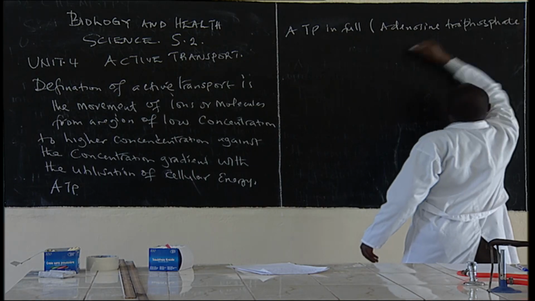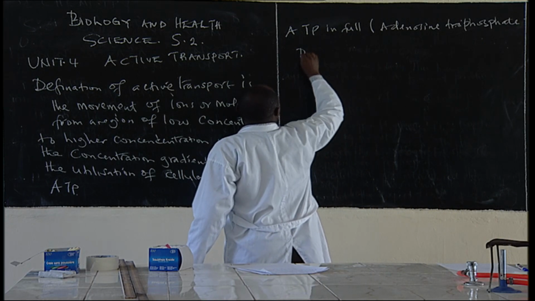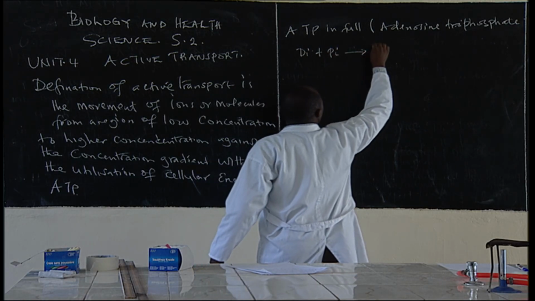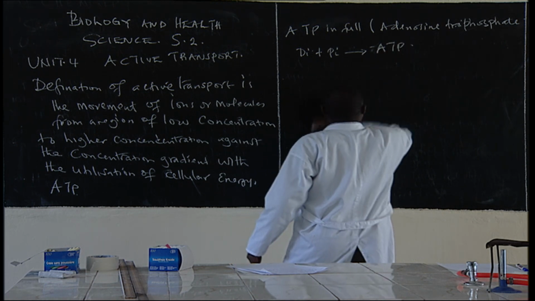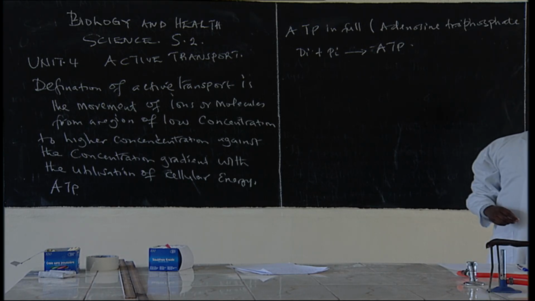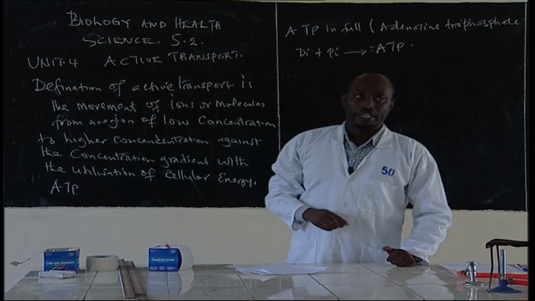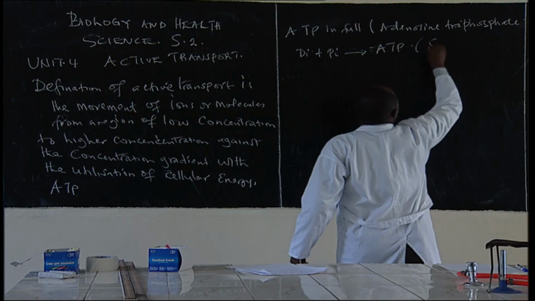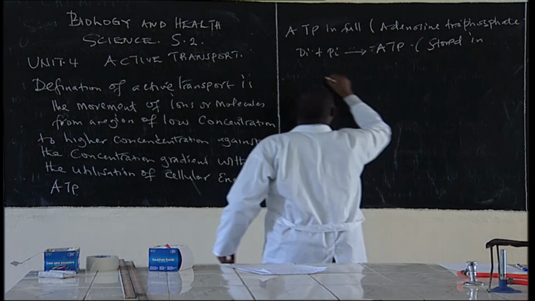If you get a diphosphate plus another phosphate group, you normally get a triphosphate, ATP. And most of this energy is normally stored, who can remind me, in which organelle is ATP found, the cellular energy? Most of ATP is normally stored in mitochondria.